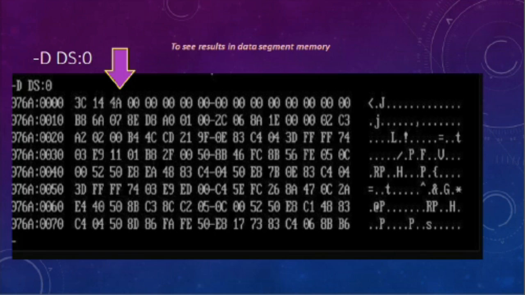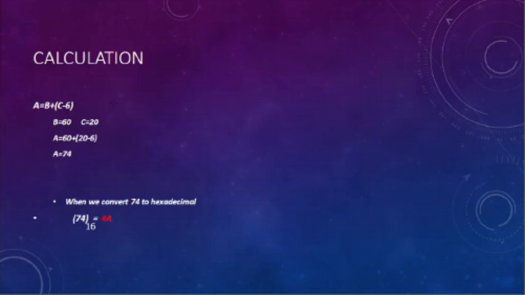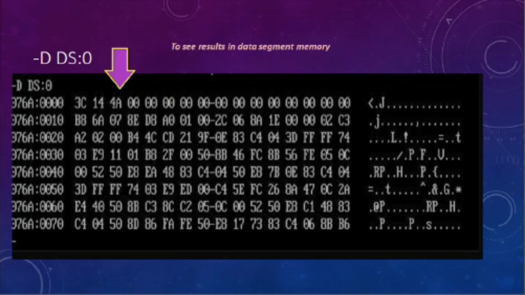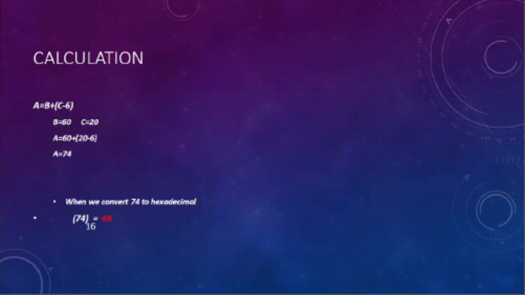Now you may be confused, because I already said the result would be 74, and now I am indicating 4a as the result. When we calculate manually, we get the answer 74, which is in decimal.